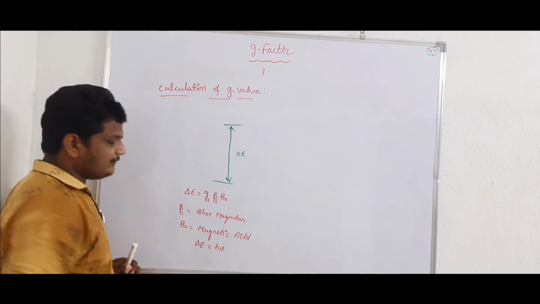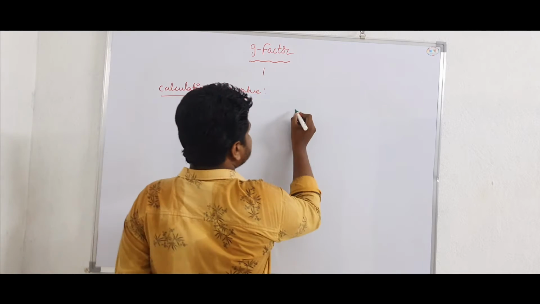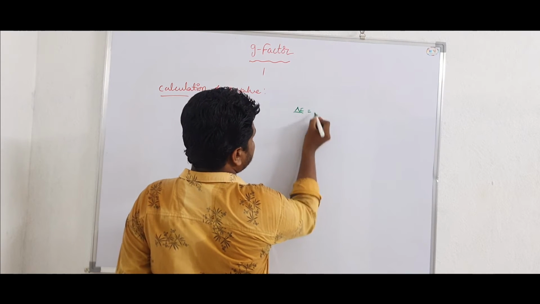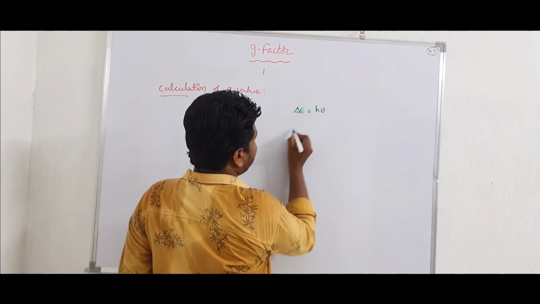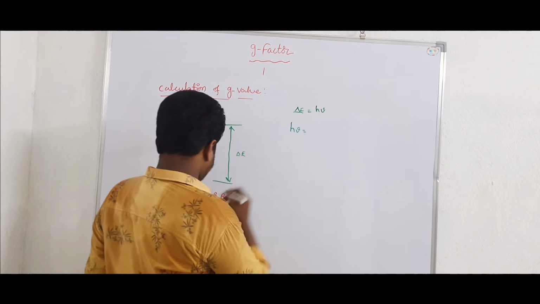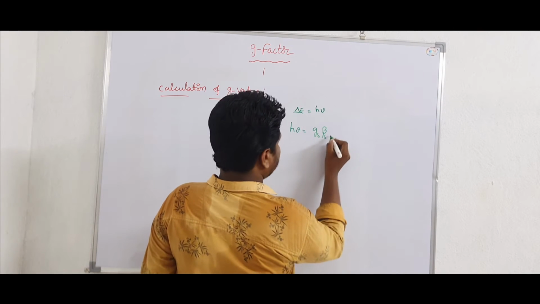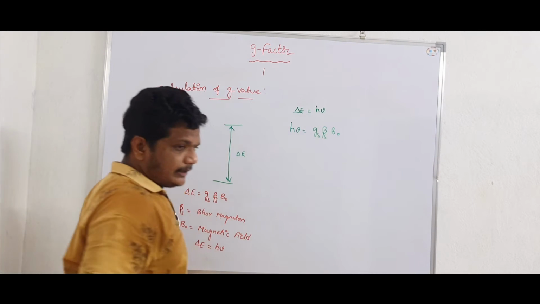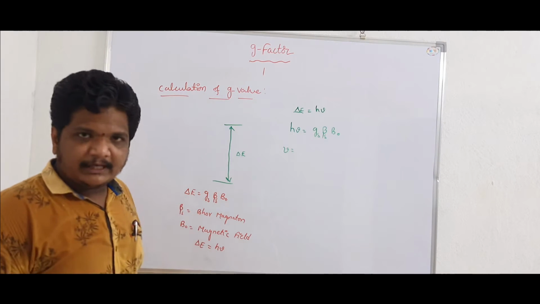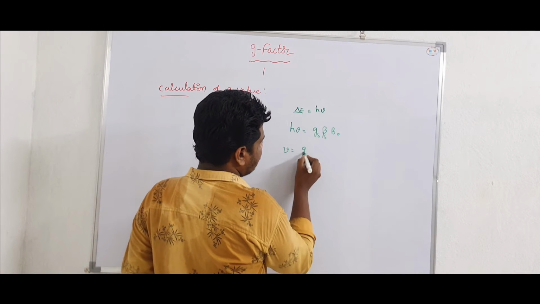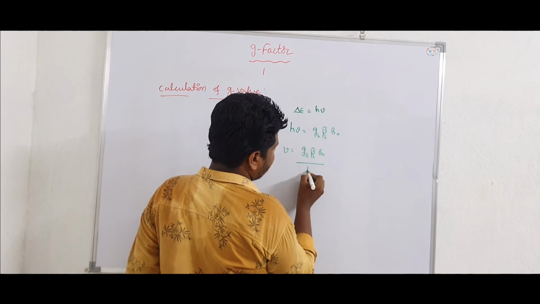If you substitute this value of delta E in this equation, we get h mu equal to Gs beta S into B naught. So mu, the frequency of the electromagnetic radiation, is equal to Gs beta S into B naught by h.